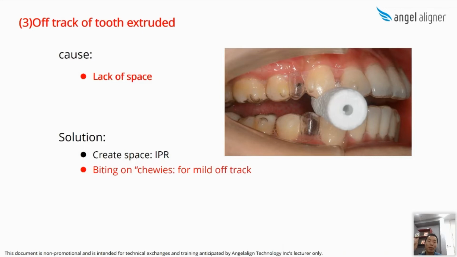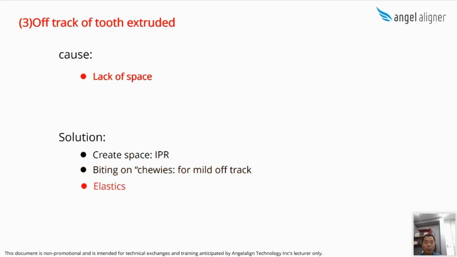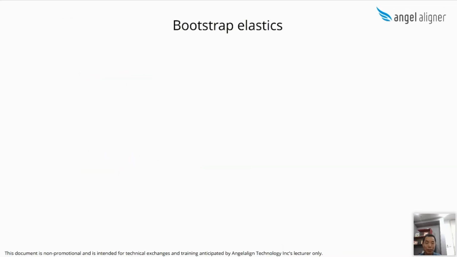It's only for mild off-track, for example, only when the gap between the tooth and the edge of the aligner is less than 0.5 millimeter. If there is a large gap between the tooth and the edge of the aligner, biting on chewies alone cannot solve the problem, cannot get the tooth back. And third, we have to use some elastics to get the teeth back on track.